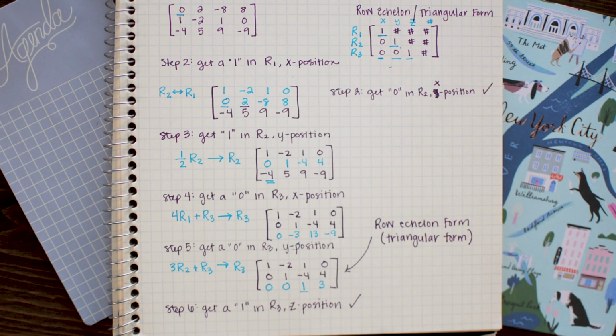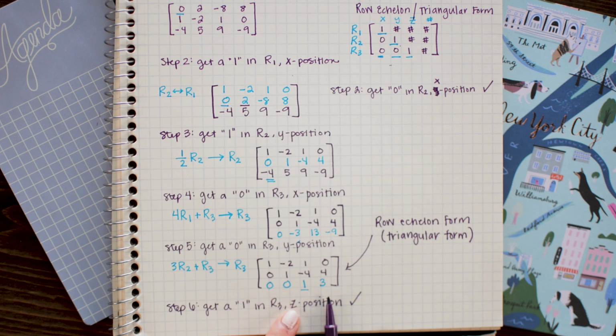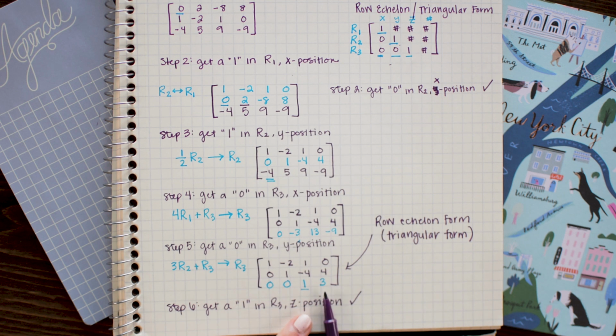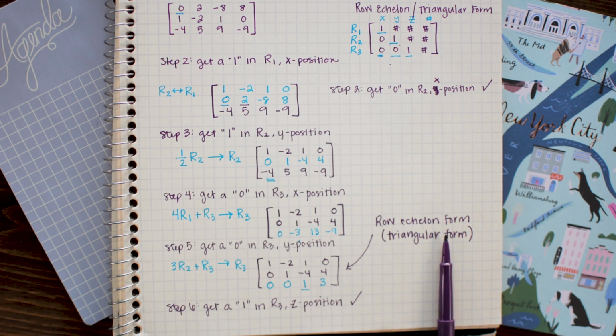And once I do that, I would see that z is equal to 3, and then I could plug that z value back into the second equation to get the y value, and then plug both of those values back into the first equation to get the x value, and then I would have solved my system of equations. So if I quit at row echelon form, I have to do a little bit of back solving, but it's pretty easy back solving.